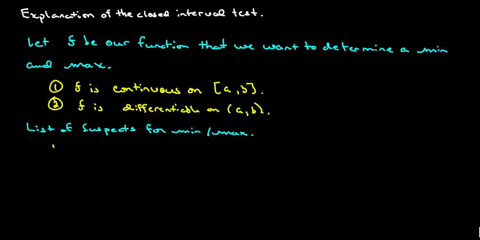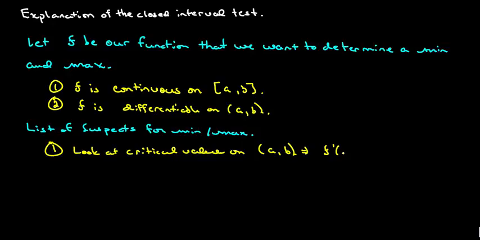Okay, so step number 1 is look at all critical values on the open interval AB. This is done by taking f prime of x and setting it equal to 0 and solving.